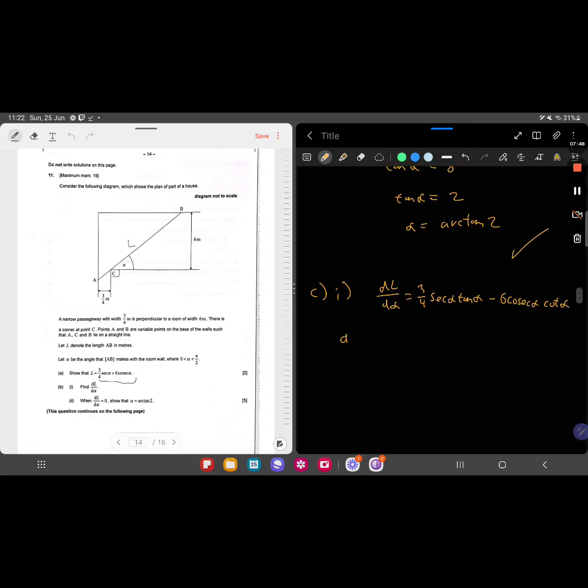So now we want to find the second derivative. I can already see that this is the product rule.